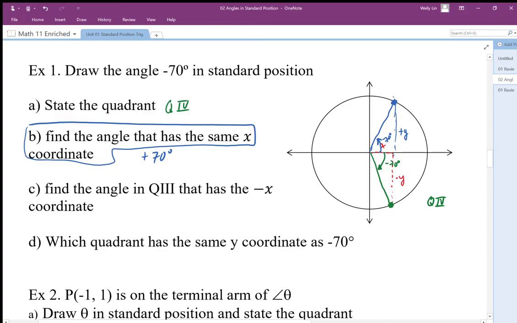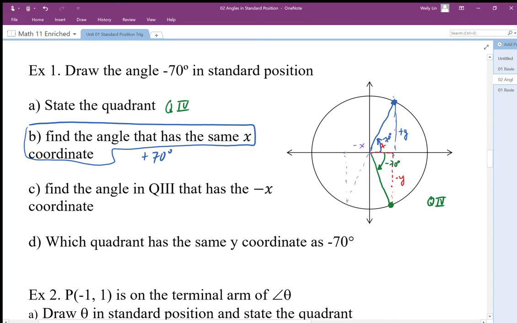So we want to find the angle in quadrant 3 that has the same x coordinate. Okay, well, the same x coordinate, I'll do this one in purple here. The negative x coordinate means we're going to go in the same direction but negative, and it's in quadrant 3, so we're going to go down, so it's going to look like this. So it's going to be negative x in this direction.